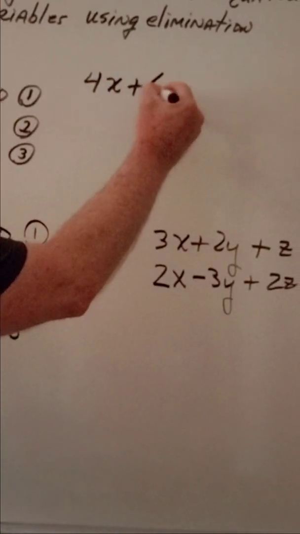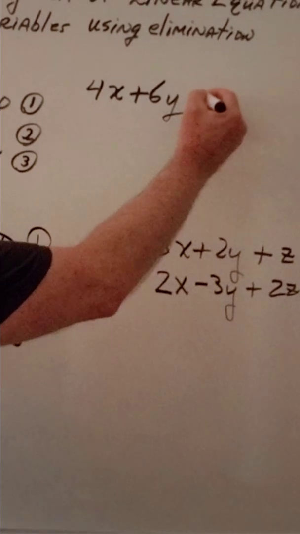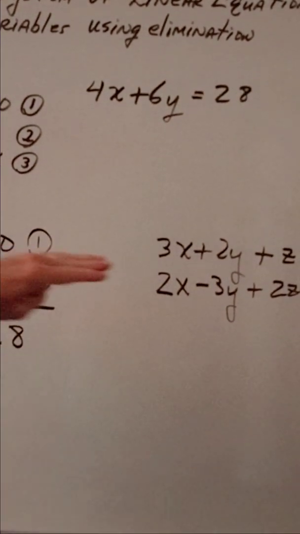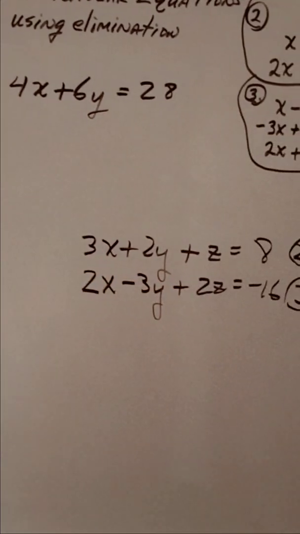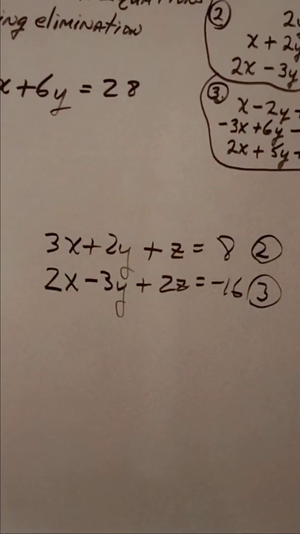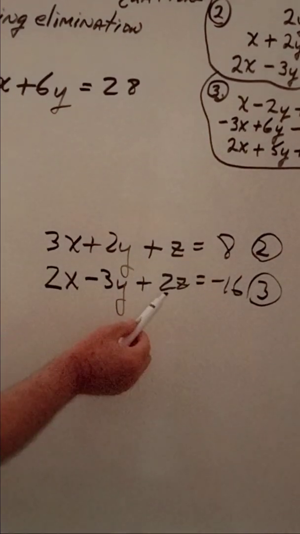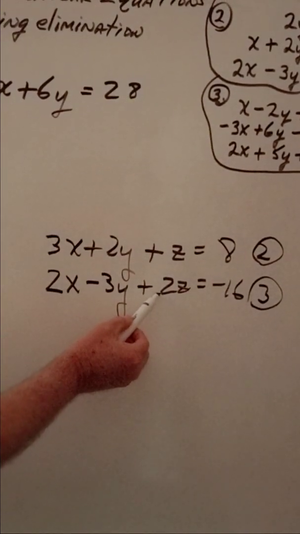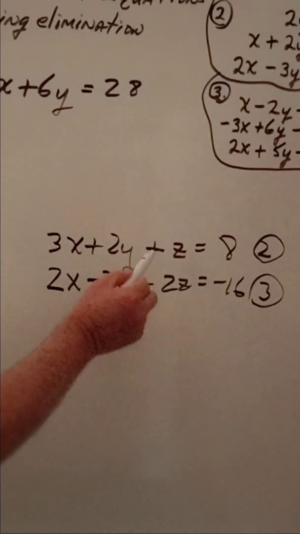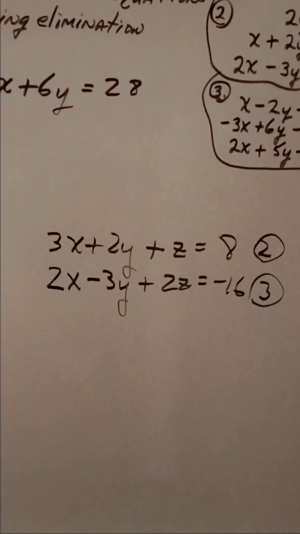4x plus 6y is equal to 28. And now we're going to go to this second pair. The objective: eliminate z from the system. This second equation has a coefficient of a positive 2z. This has a coefficient of 1z.